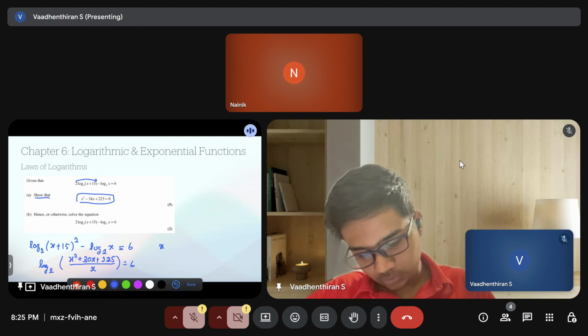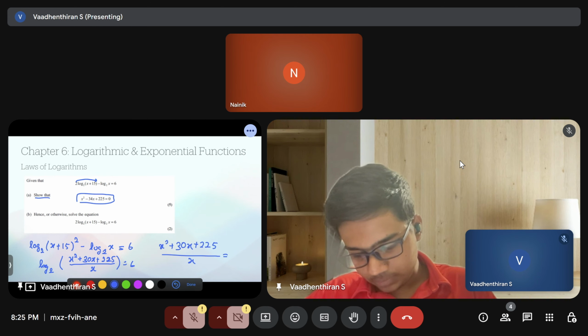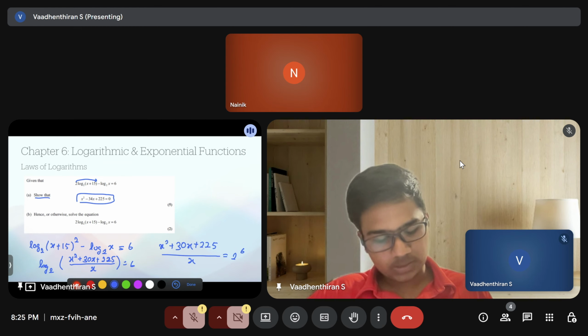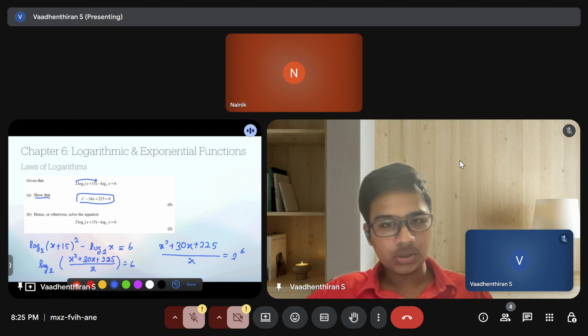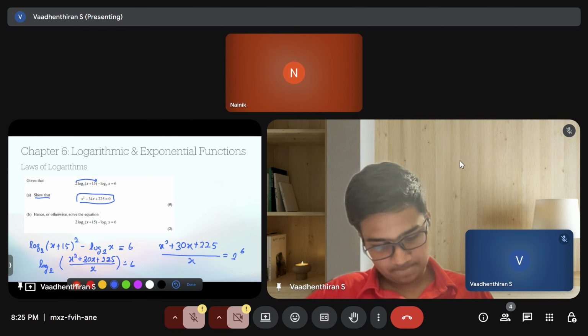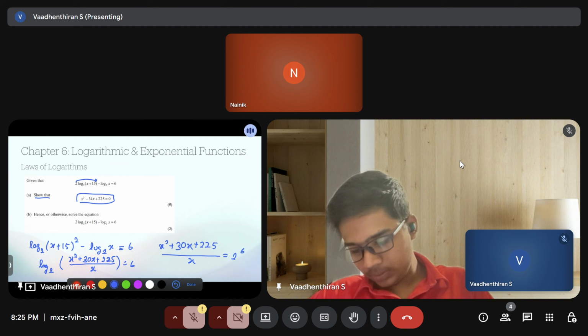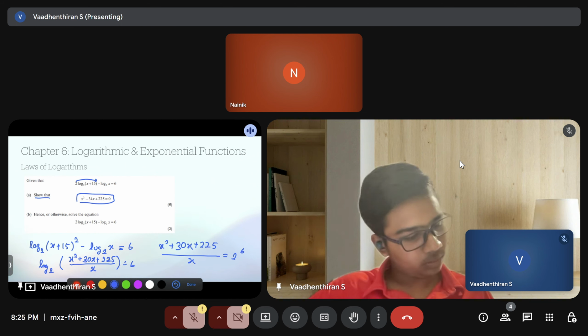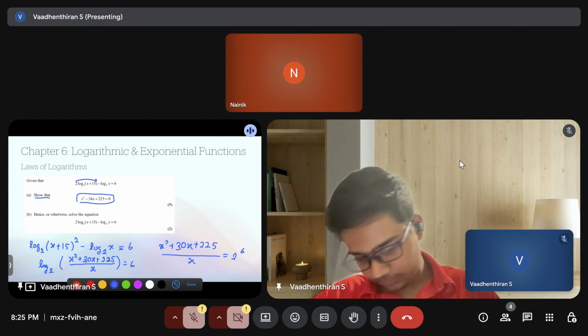You do (x squared plus 30x plus 225) over x will be 2 to the power 6, because the base is 2. You're raising it to the sixth power. So then 2 to the 6 will be what? 64, I believe. Yeah, 64.